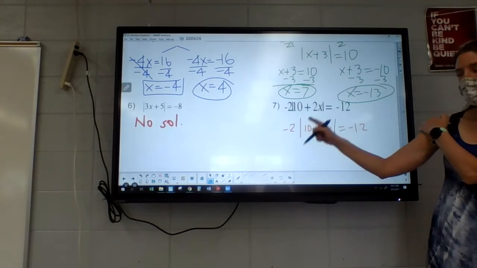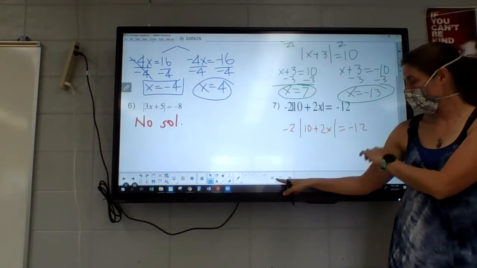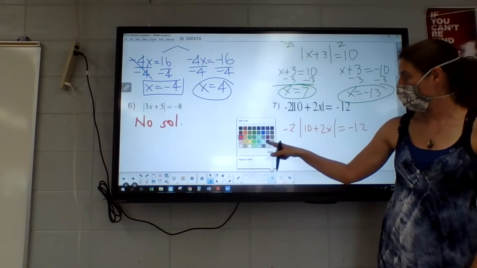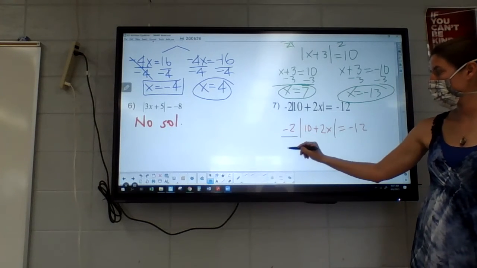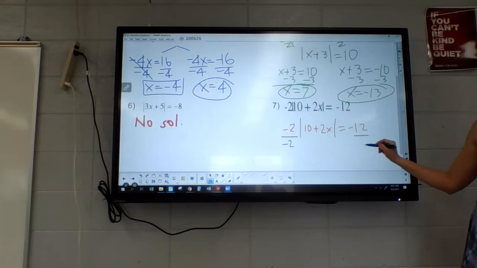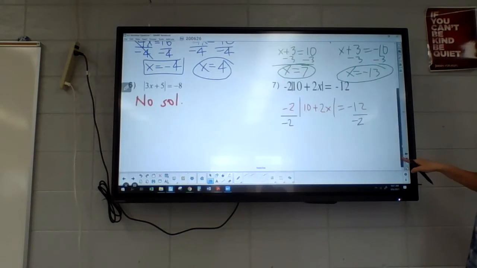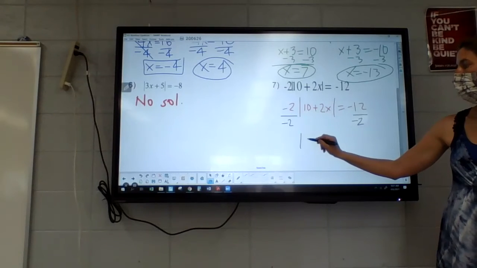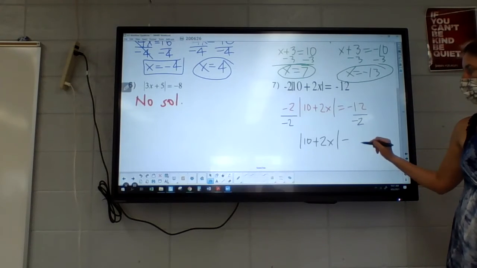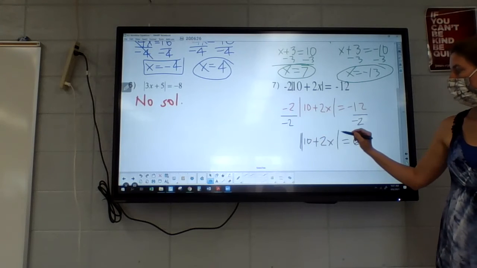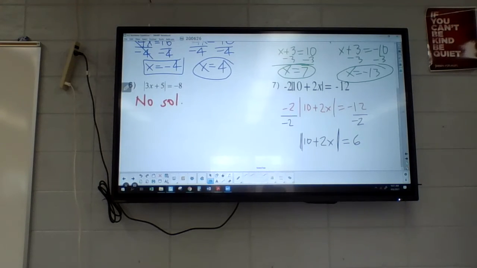Yeah, to isolate the absolute value here, we're going to end up with getting that to be a positive. So I'm going to divide this by a negative 2. So I get 10 plus 2x equals 6.